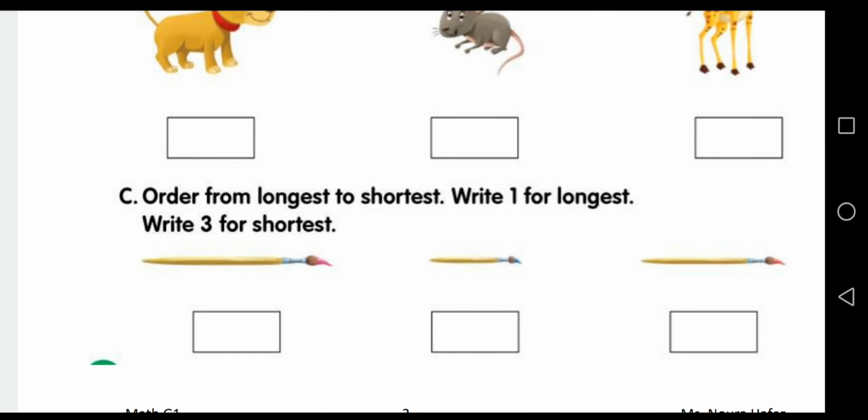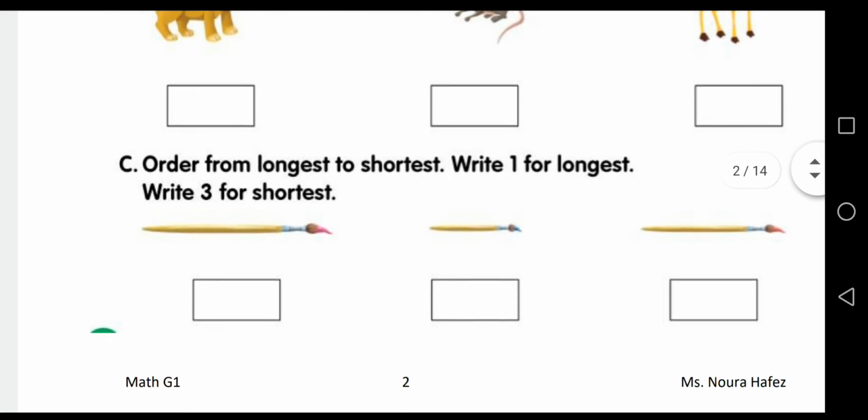Now, where is the shortest paintbrush? Is it number 2 or 3? What do you think? Yes, excellent. It's number 2. So, the first brush is the longest, so I will write number 1 on it.